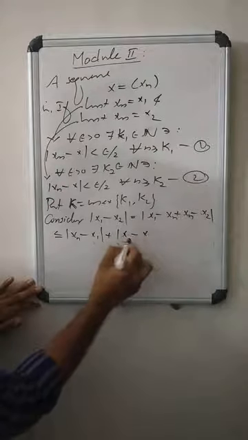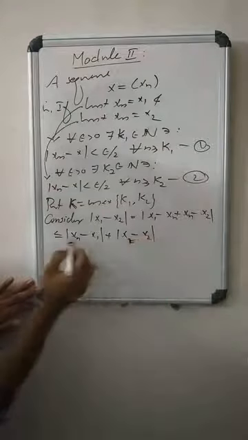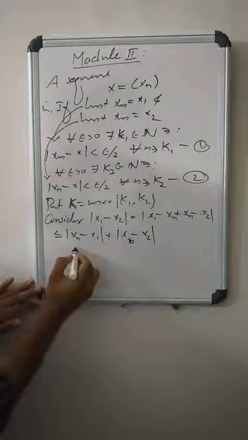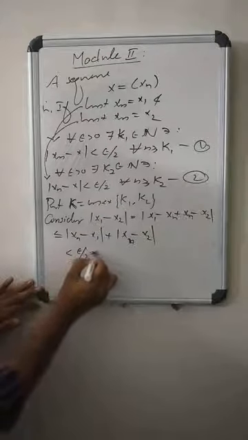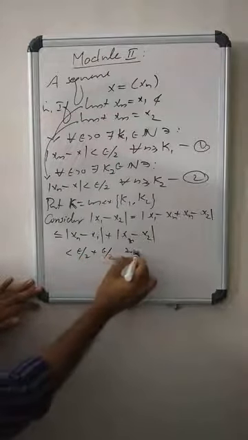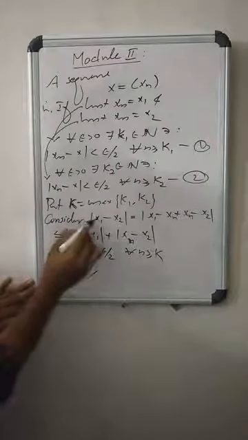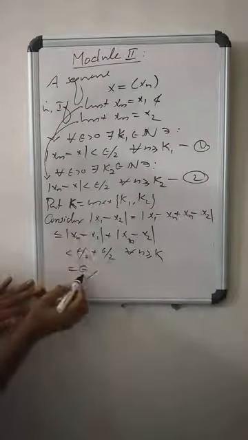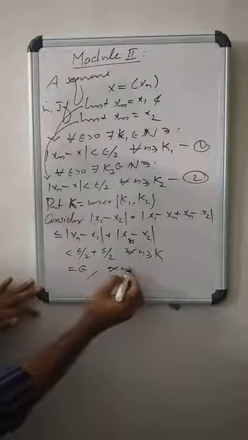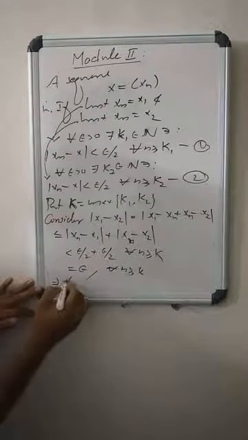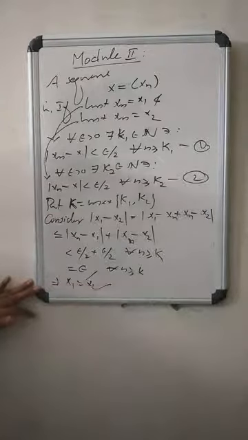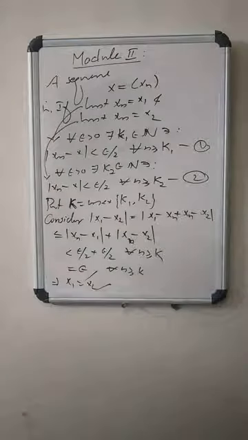By using this argument, it is strictly less than epsilon by 2 plus epsilon by 2 for all n greater than or equal to k. That means modulus of x1 minus x2 is strictly less than epsilon, and since epsilon is arbitrary, we know that x1 equals x2.